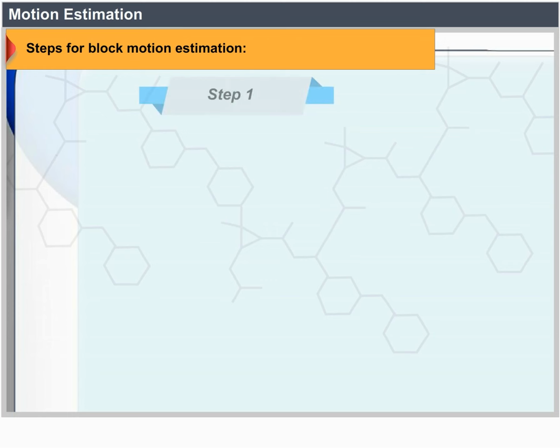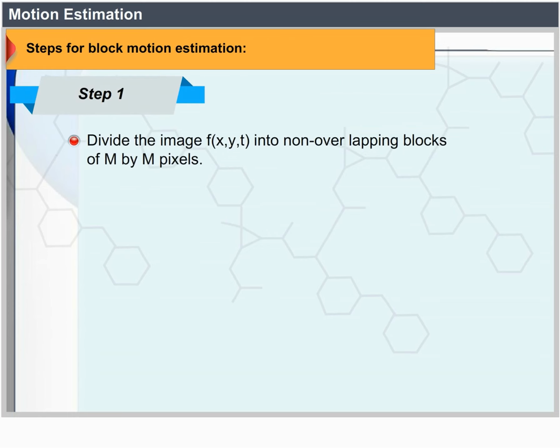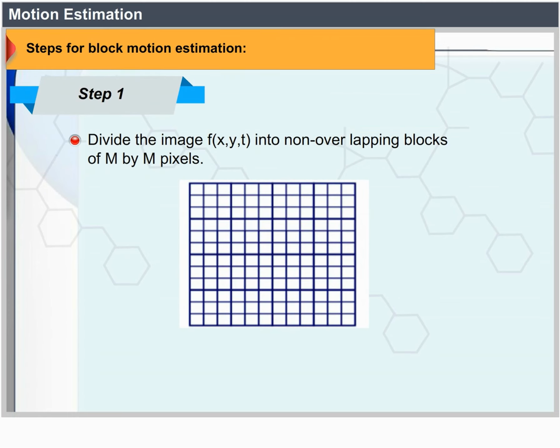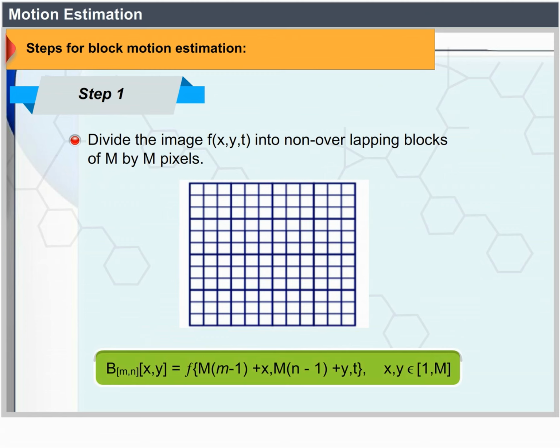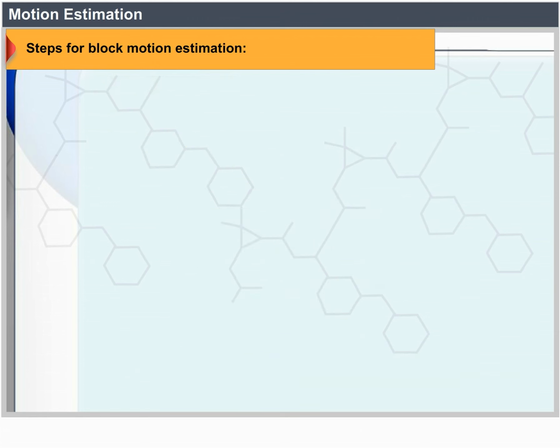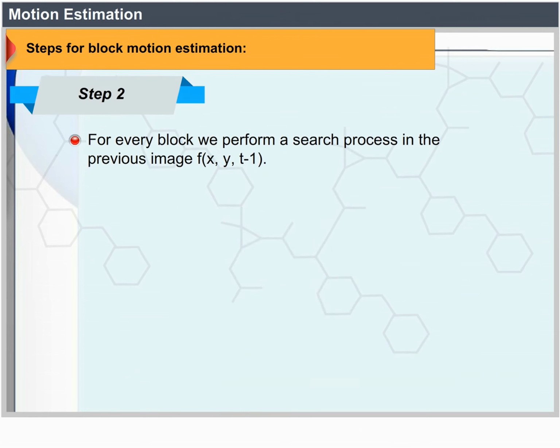Step 1. Divide the image f(x, y, t) into non-overlapping blocks of m by m pixels. Step 2. For every block, we perform a search process in the previous image, f(x, y, t minus 1).